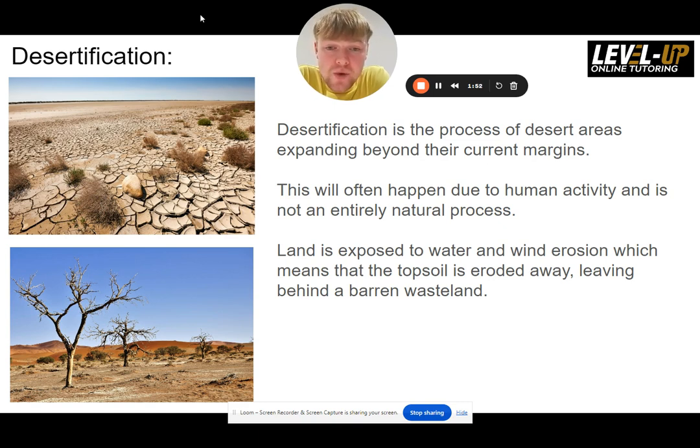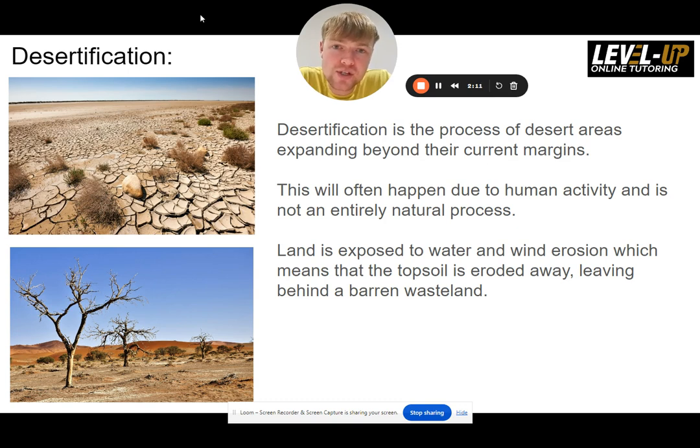This basically happens where land is exposed to water and wind erosion, which means that the topsoil is eroded away, leaving behind a barren wasteland. If you've watched the first video, you will be very much aware that hot desert soils are very thin, very poor, very infertile anyway.